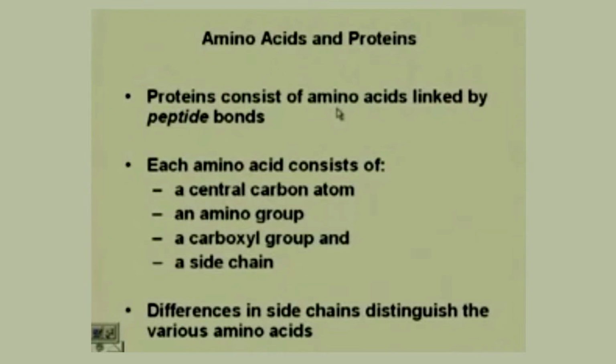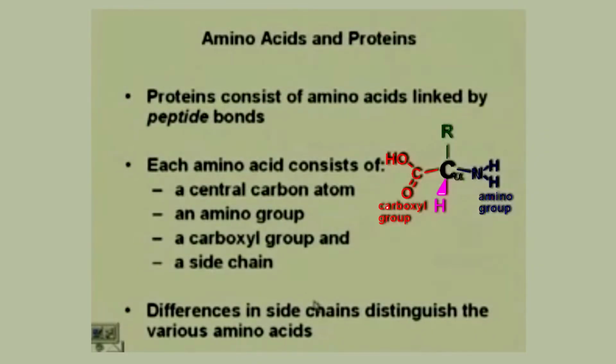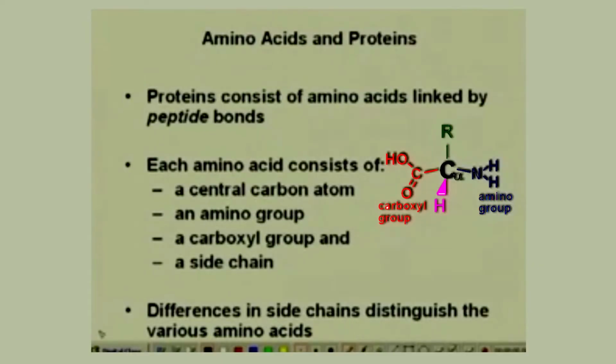We will understand this also in detail to see how a peptide bond is actually formed and how we can link these letters together into forming what would be like a sentence. Each amino acid consists of a central carbon atom, which you can see marked as C alpha here.